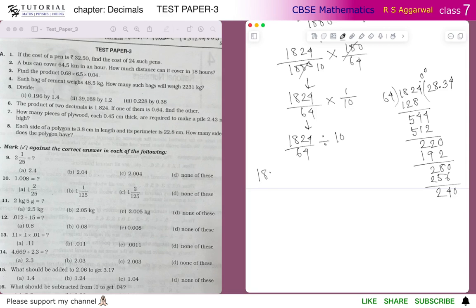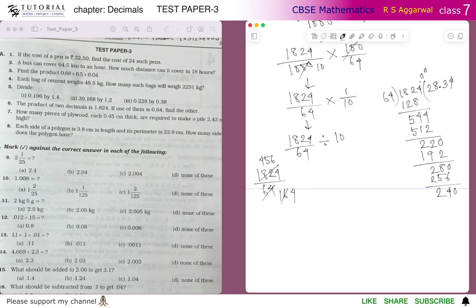I think it will divide by 4. Then again it will divide by 4.